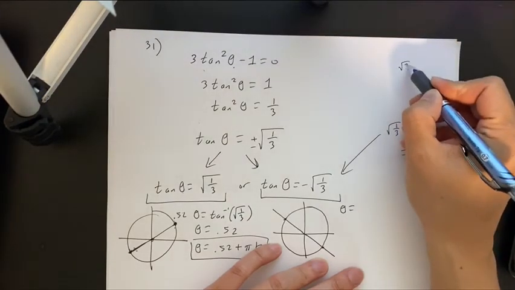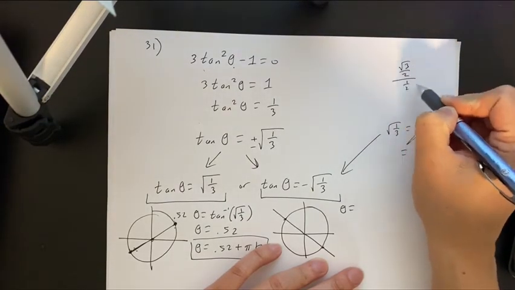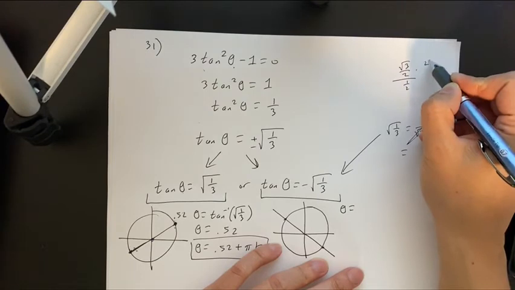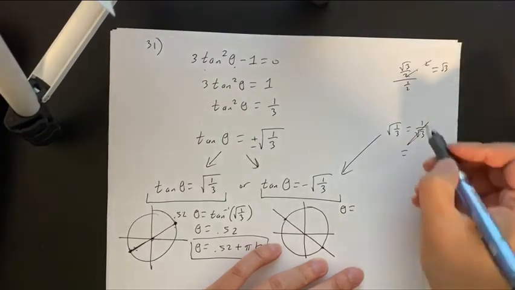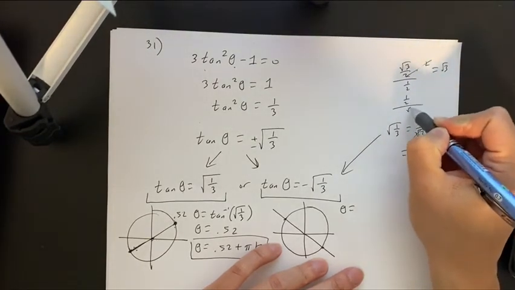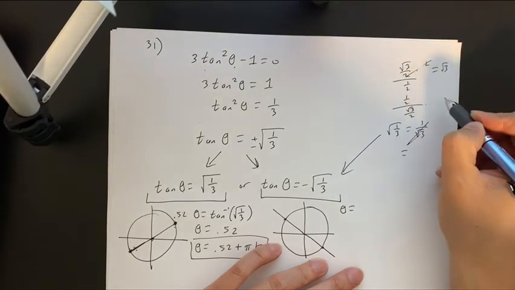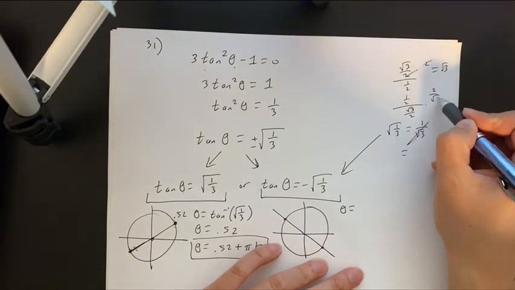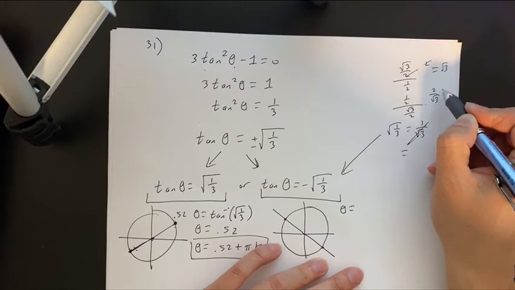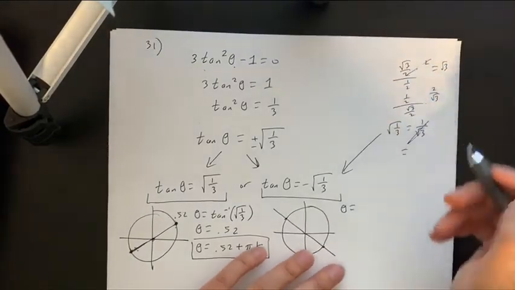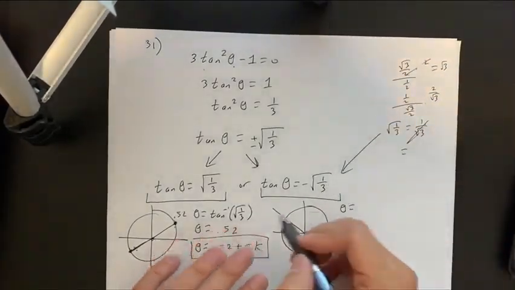Yeah, so let's see. If I take root 3 over 2 divided by 1/2, you do the root 3. Oh, there we go. Okay, so it is a nice angle.